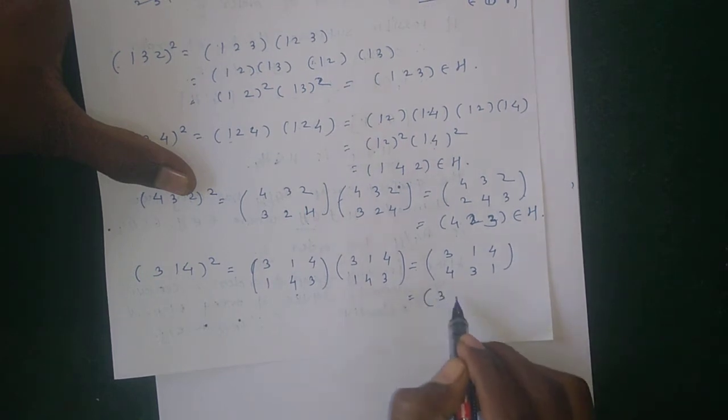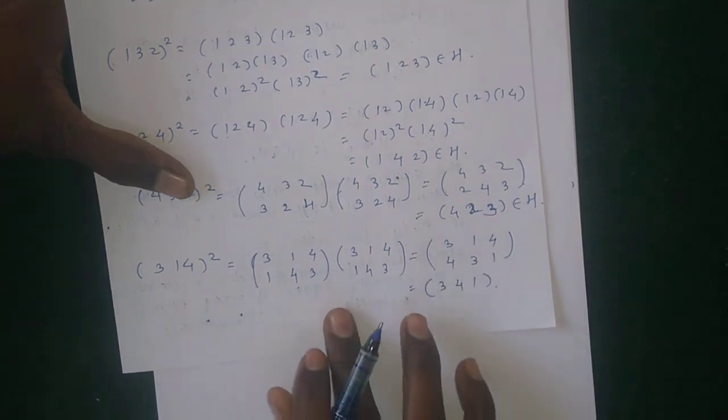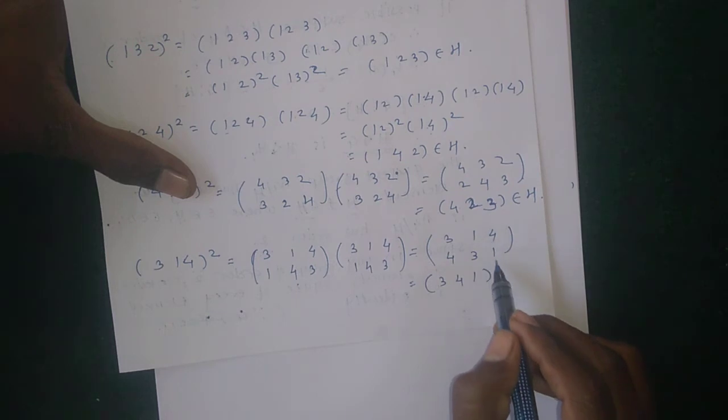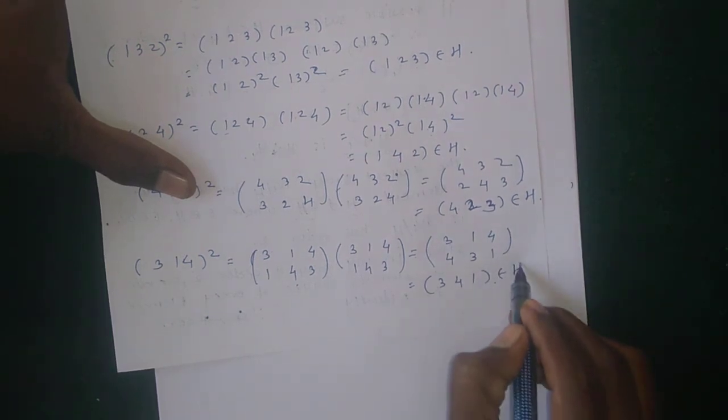Okay, this is 341, 4 has value 1, 1 has value 3. Okay, this is also belongs to EH.